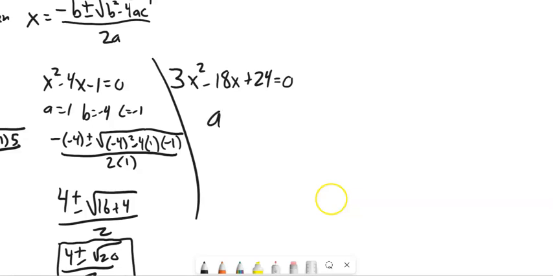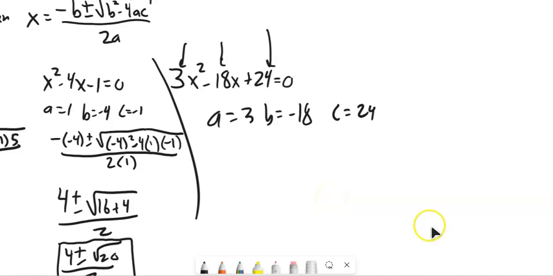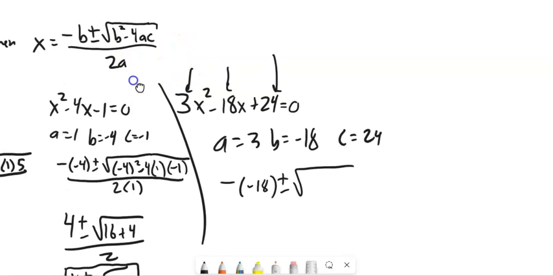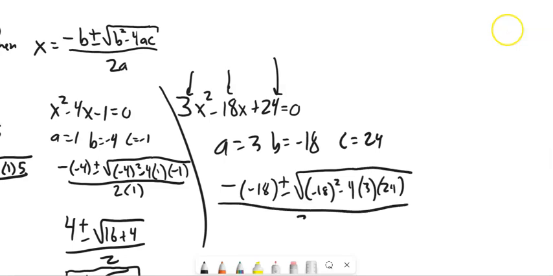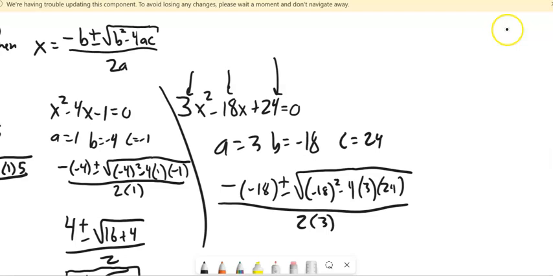Great, last example. And then this one, a is 3, b is negative 18, and c is 24. So negative b plus or minus the square root of, let's see, b squared minus 4 times a times c all over 2 times a.